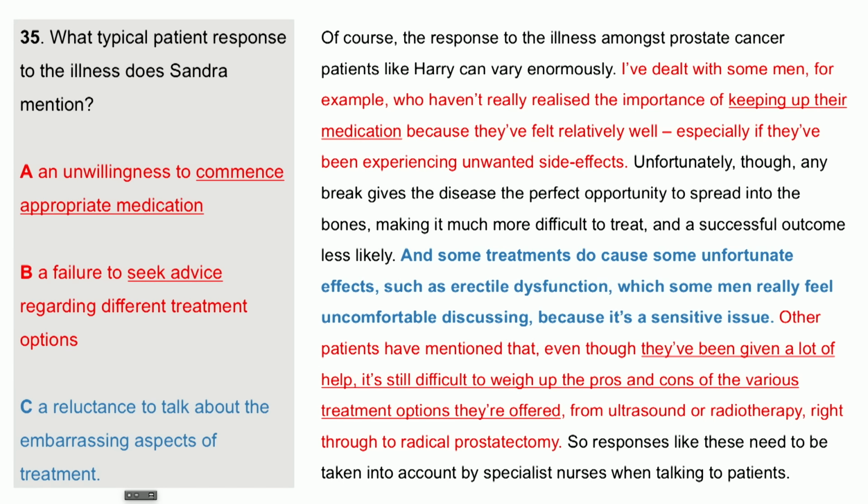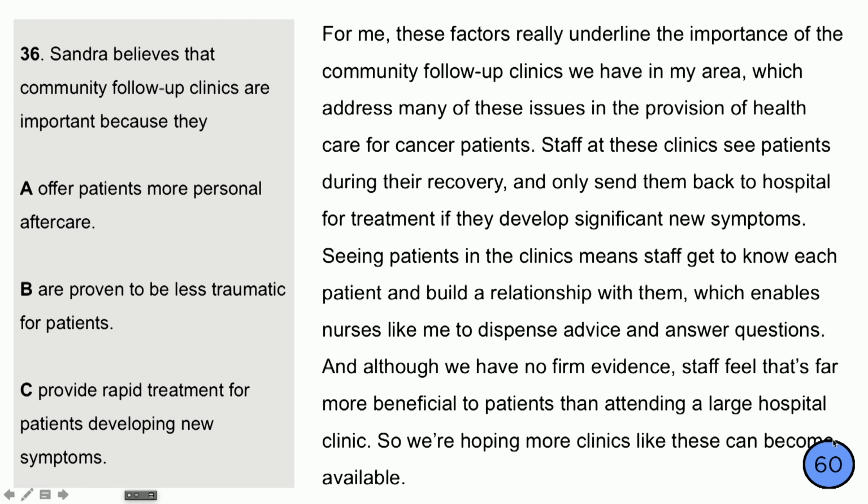It says, other patients have mentioned that even though they've been given a lot of help, it's still difficult to weigh up the pros and cons of the various treatment options they're offered, not a failure to seek advice. So you can see how you might be distracted by A or B, but in fact the answer is C. Last one, let's do this one and get it right.